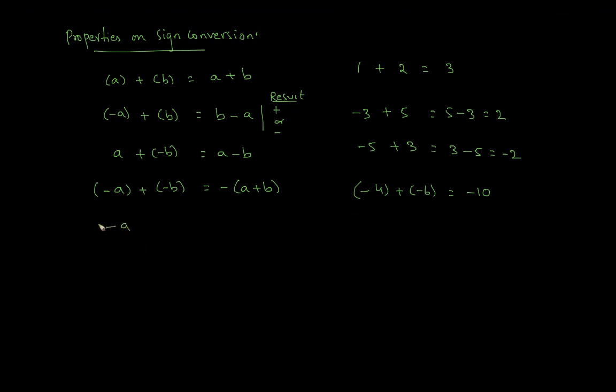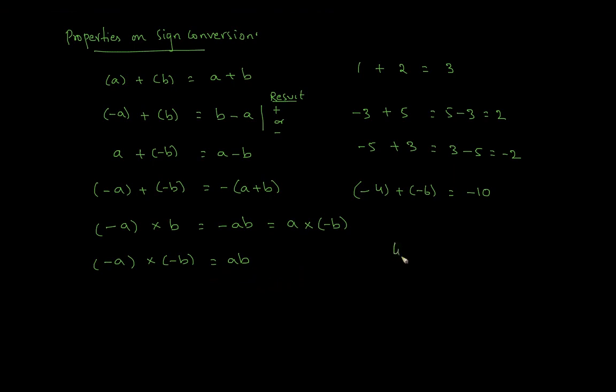Similarly, minus a into b, you will get minus ab. This is also equivalent to a into minus b, right? Similarly, if you have both negative signs, the answer will be positive ab. Minus into minus, you will get the result plus, right? These are very important at the time of simplifications.